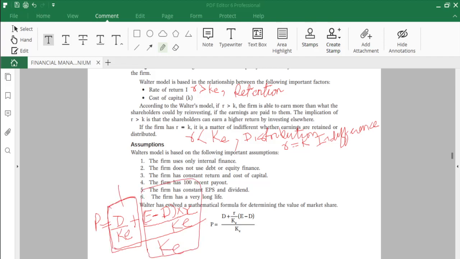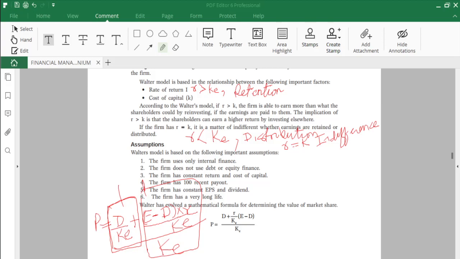This represents the market value of the dividend, whatever dividend you get, how much does it fetch in the market now, and whatever expectations you have of growth in the firm, what is the value of that growth right now? Both combined together will give the value of your shares, the current value of your shares.